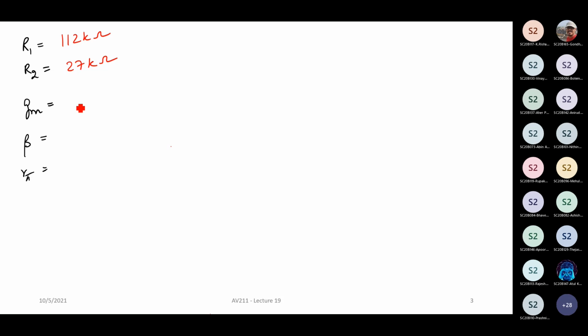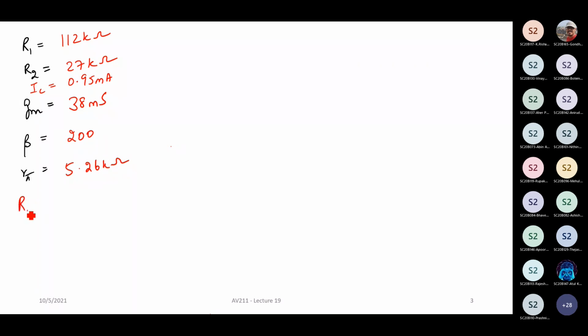And what was your IC? IC was 0.95 milliampere. So what was your gm correspondingly? Should be around 38 millisiemens. Yes, sir, 38 millisiemens. How much beta? Let's say approximately 200. So beta by gm, you will get R pi of around 5.26 kilo ohm, correct?